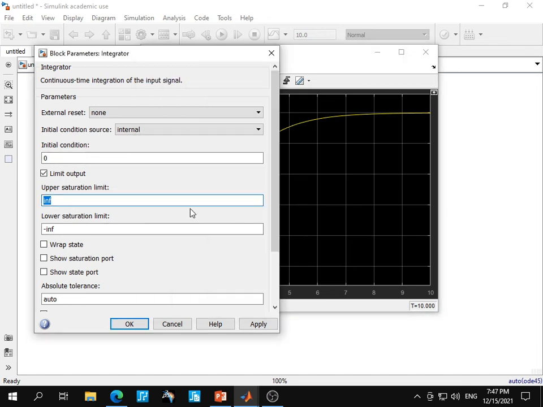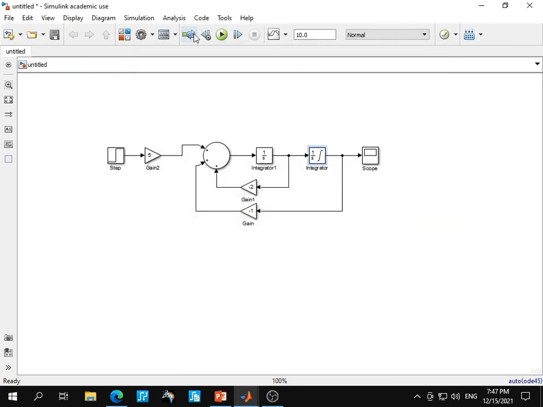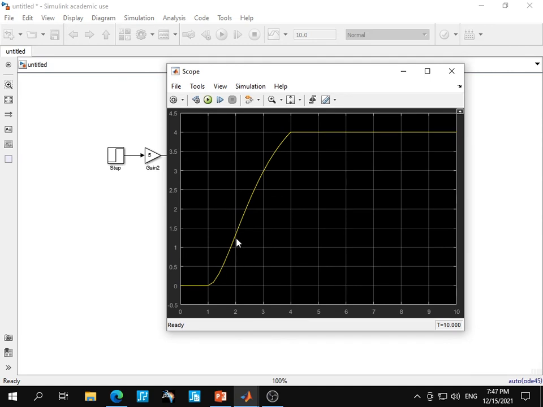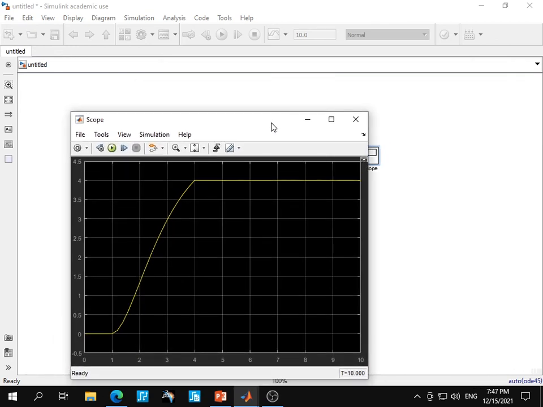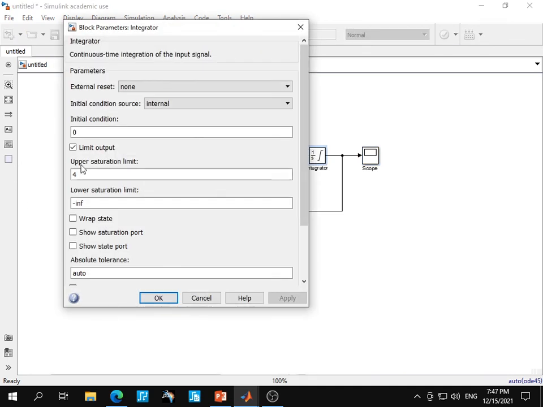So if you set the upper limit to 4 and let it run, when the value is greater than 4, it will just keep returning the previous value, because it means the greatest number you want is 4. You don't want any number to be higher than 4.